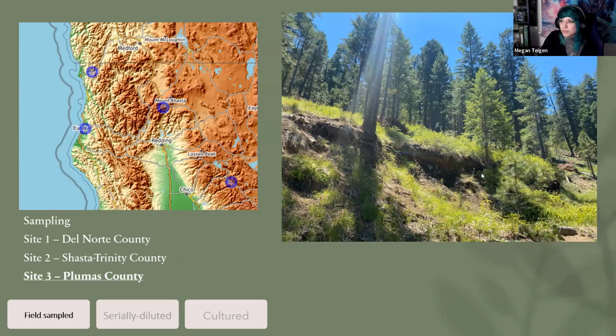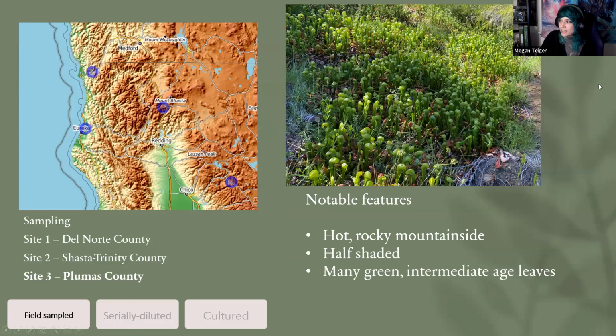Our third site was Plumas County, and that's this third dot here down by the little town of Quincy. It was a hot, rocky mountainside. There's Darlingtonia up here. There's a pretty big fen. Darlingtonia over here, and then also here. Here's a close-up of that.